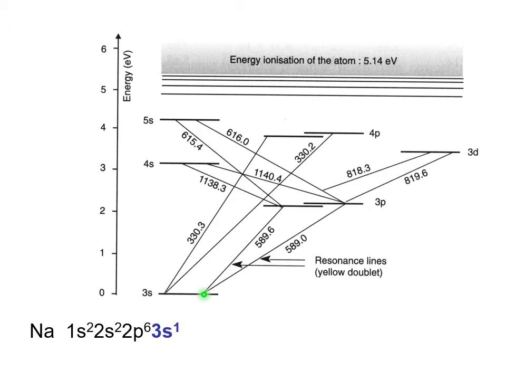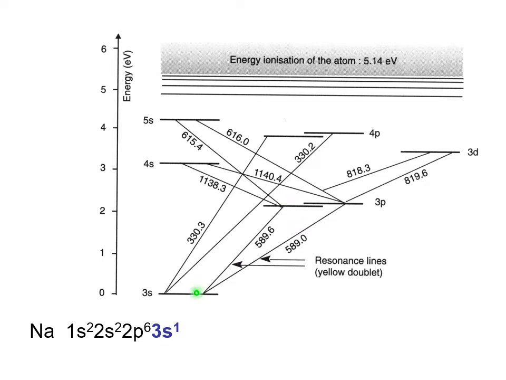As we have seen before, most of it will sit at the 3s orbital. If a photon with energy that is exactly equal to the difference between this level and this level collides with an atom, this photon will be absorbed and our 3s electron will jump to the upper level.